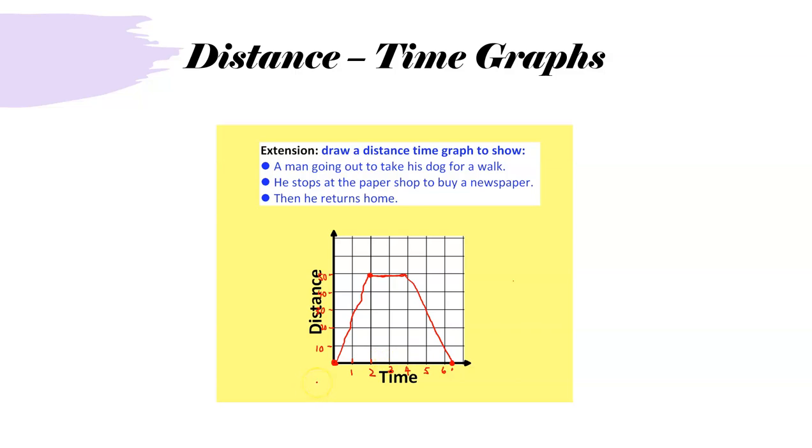When I stop and I'm not moving anymore, I get a stationary line, a horizontal line over the time where I am stationary. And then when I want to walk back to my starting point, I need to walk back towards home here.